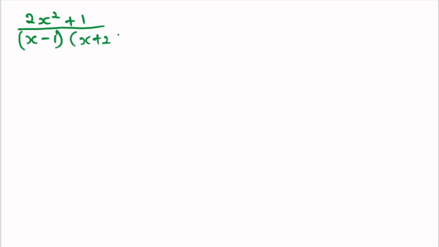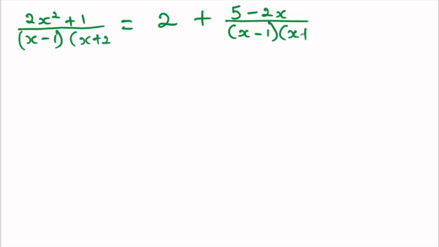So it becomes 2x squared plus 1 over x minus 1 x plus 2. Our quotient comes here first, 2 plus, then what we'll have after dividing, 5 minus 2x over x minus 1 x plus 2.